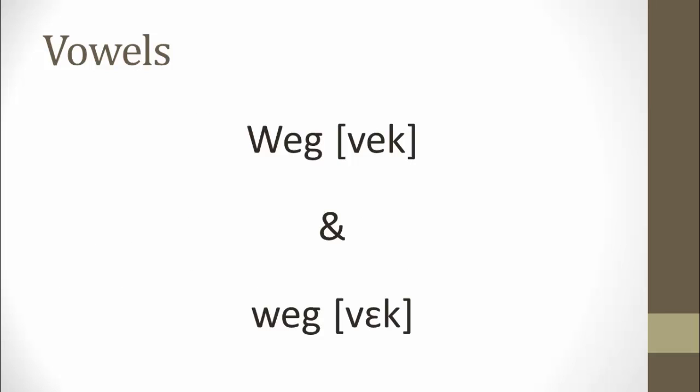And just a quick reminder, when we see these two words, they are different, and you notice that the top one is capital and the bottom is lowercase. The top one is Weg, and it means the way or the path. And the one on the bottom with the lowercase w is weg, and that means away, get out of here.